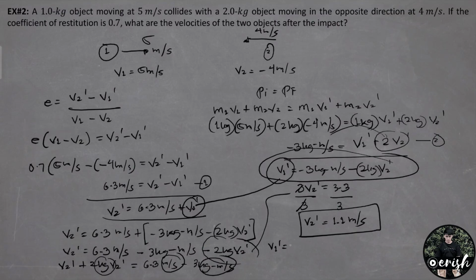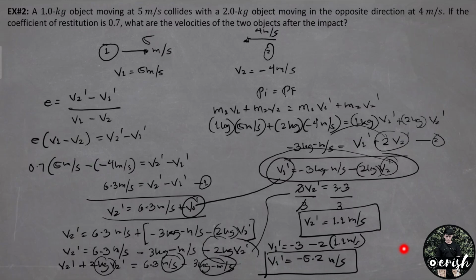V1 prime is equal to negative 3, tanggalin na ulit natin yung units, minus 2. Substitute natin yung V2 prime. We have 1.1 meters per second and V1 prime is equal to negative 5.2 meters per second.